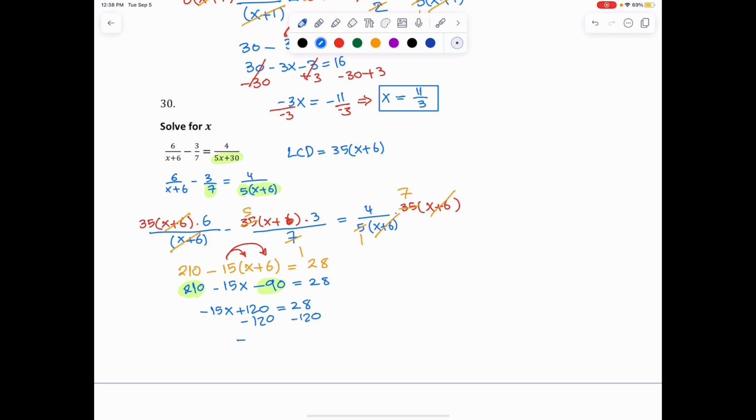So we get negative 15x equals negative 92. Divide both sides by negative 15. And that is when we're going to get x is equal to, we can leave it like that. We just remove the negatives, or we can say this is approximately 6.13.